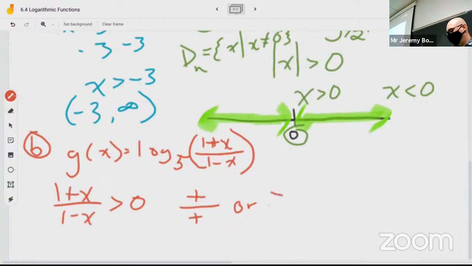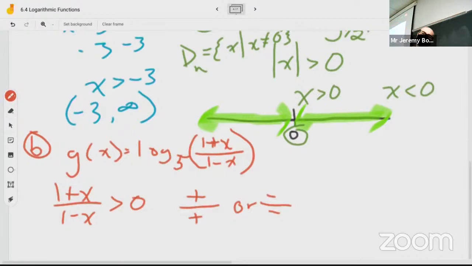What if the numerator is negative and the denominator is positive? Would my fraction be positive? It'd be negative. What if my numerator is positive and my denominator is negative? That's gonna be negative. But what if they are both negative? Then it's gonna be positive, right?